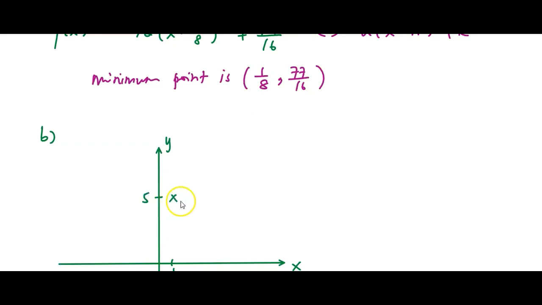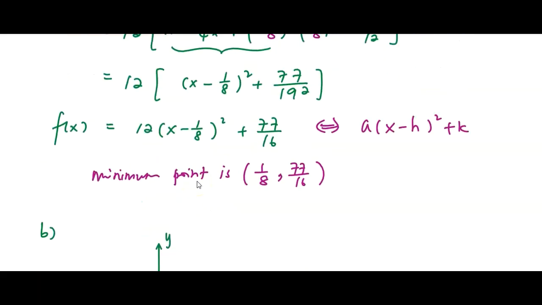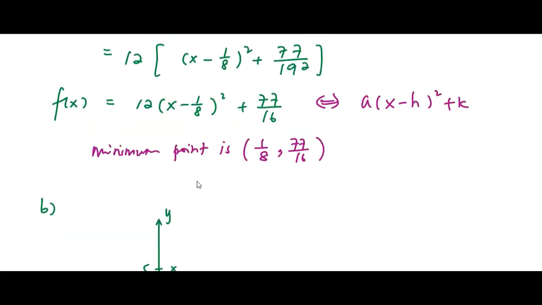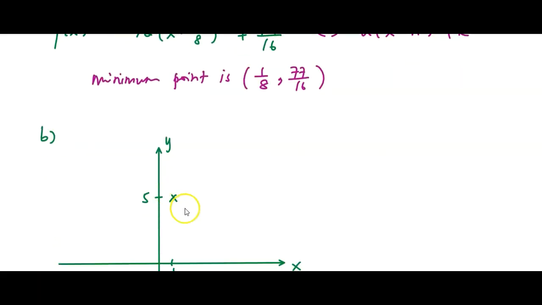So my minimum point will be somewhere here. And this is a quadratic, right? So you are going to sketch a parabola, which is open upwards because this point is a minimum point. So our graph will become like this. It's a parabola, passes through the minimum point and goes up again. You can just label this as y equals f(x).